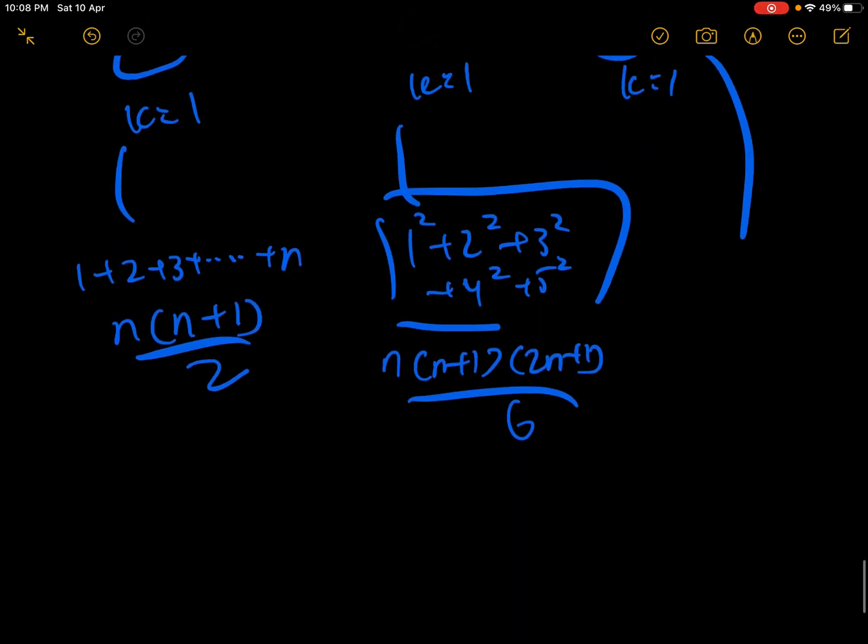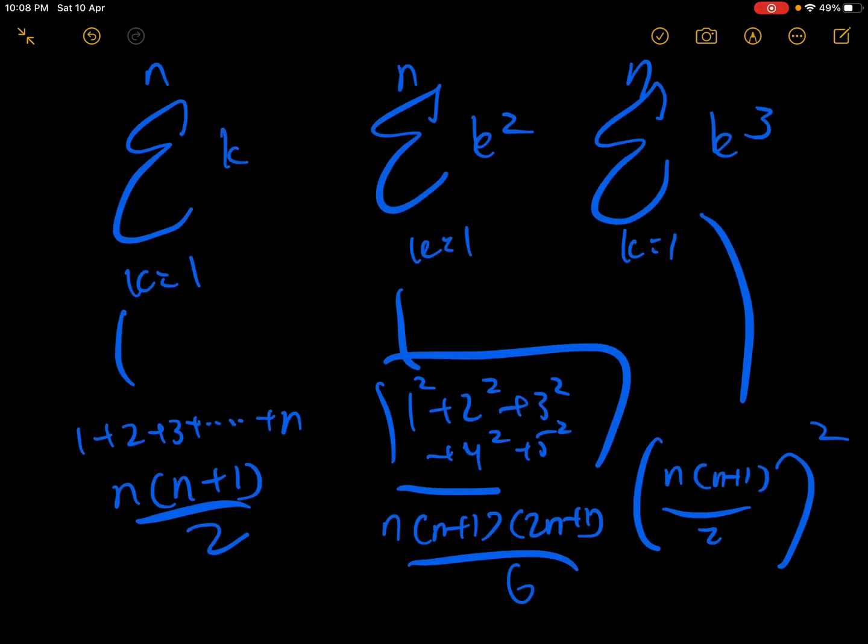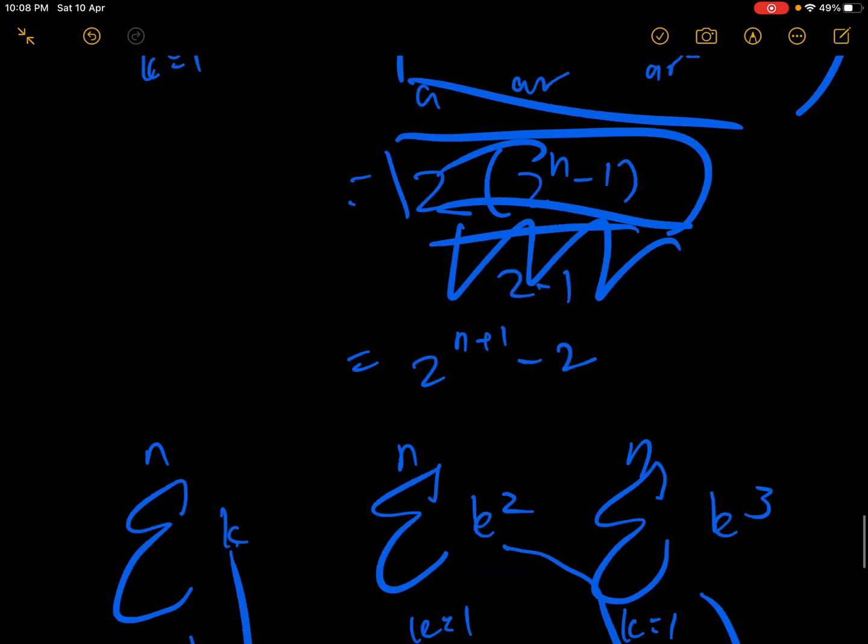And for k cubed, it will be n times n plus 1 over 2, all squared. So you need to memorize that if the term is k, it is n times n plus 1 over 2. If it's k squared, it's n times n plus 1 times 2n plus 1 over 6. If it's k cubed, it's n times n plus 1 over 2 squared.